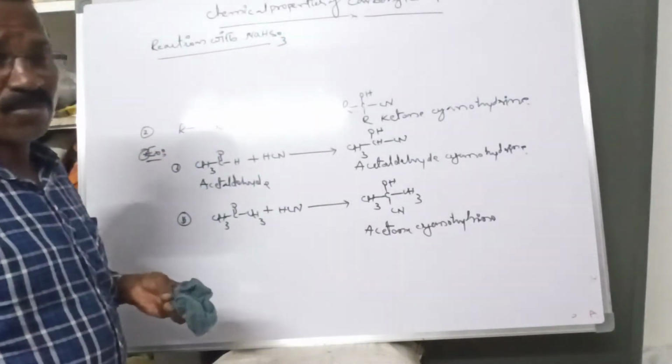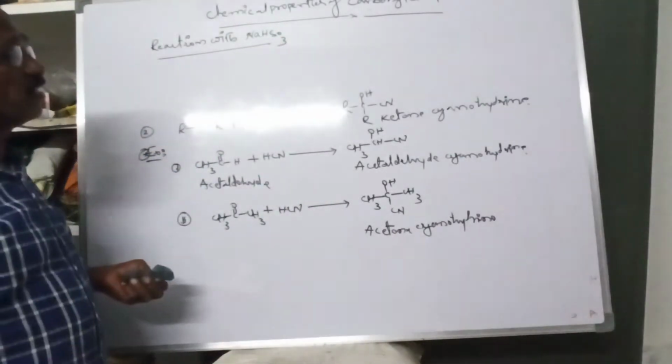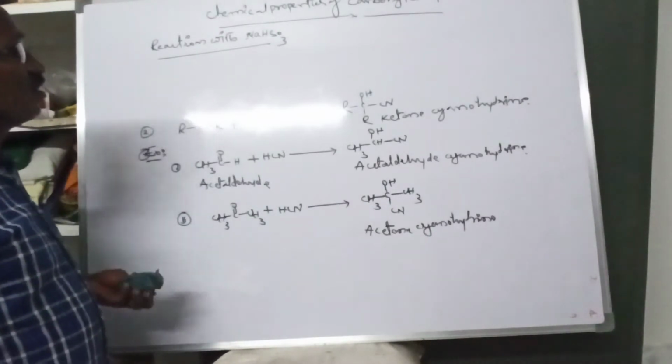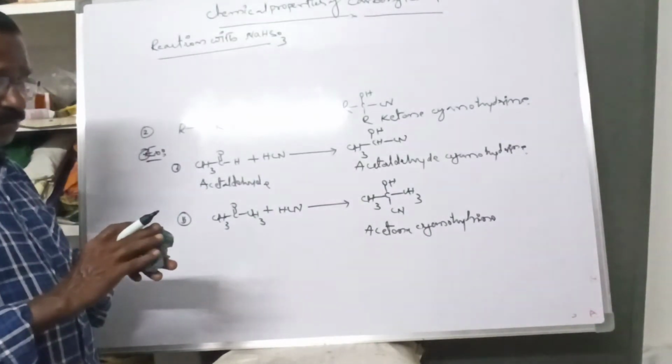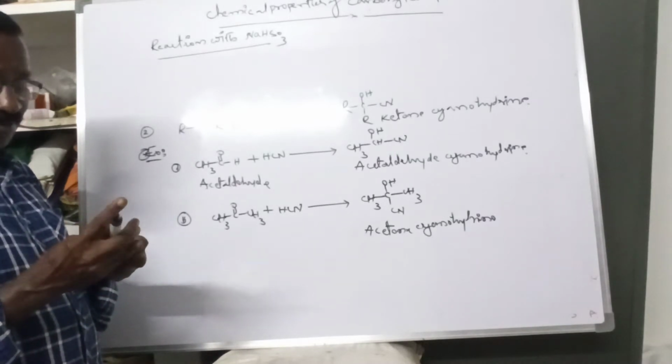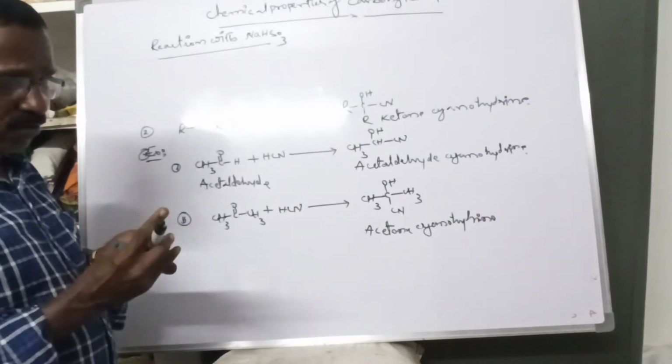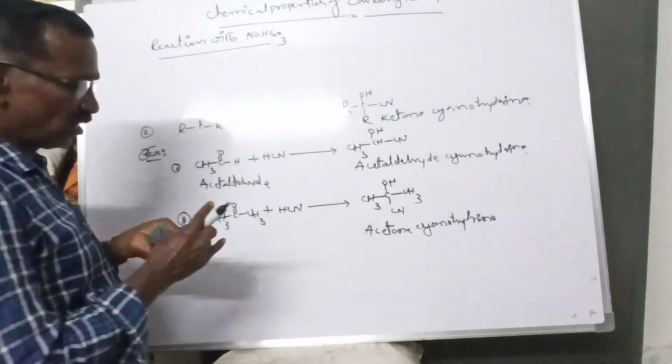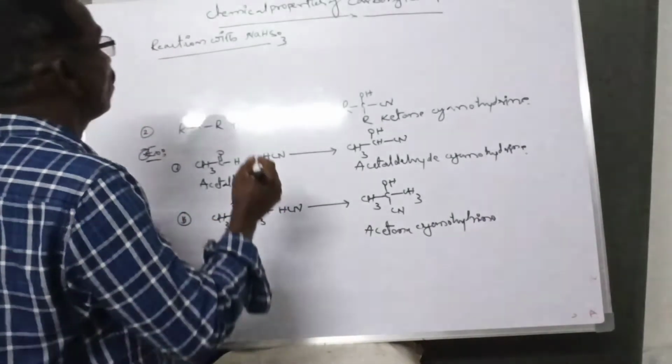The carbonyl compounds, that is aldehydes and ketones, add sodium bisulfite to form aldehyde sodium bisulfite and ketone sodium bisulfite compounds. It is a very simple and common reaction.